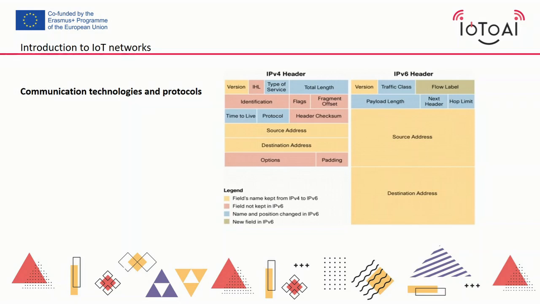So IP version 6 is expected to be mainly used for IoT networks. They have more IP addresses to have a unique identifier for each IoT device in the world.